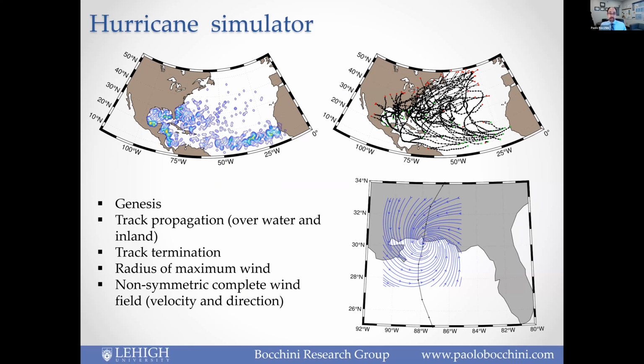To do that, we also had to build an in-house full-featured hurricane simulator. This was a major effort. I think it is really state-of-the-art. We have the genesis model, the track propagation, the track termination, the entire wind field, including features over water and over land, which I think is one of the original features.